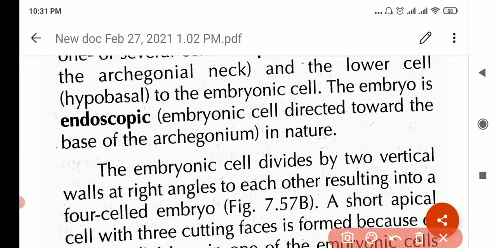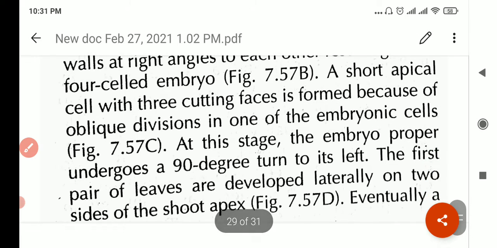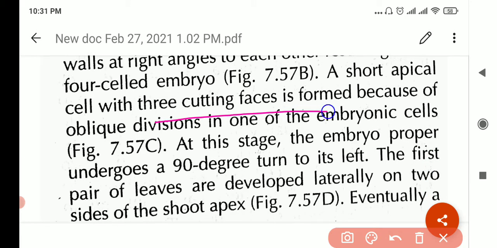The embryonic cell will divide by two vertical walls at right angles to give us a four-celled embryo. Then a short apical cell with three faces is formed because of oblique divisions in one of the embryonic cells. And then the embryo proper will undergo a 90-degree turn to its left. Then we will get the first pair of leaves on the shoot apex.